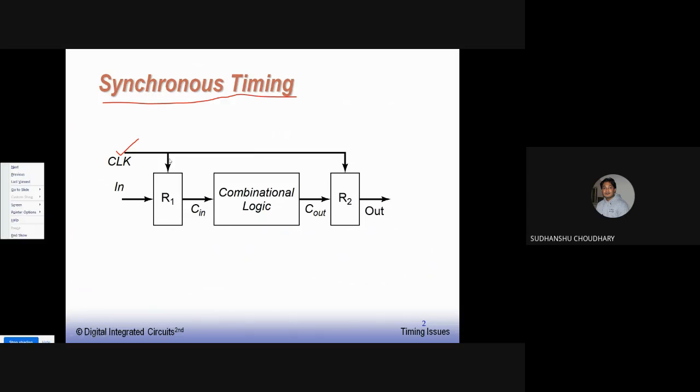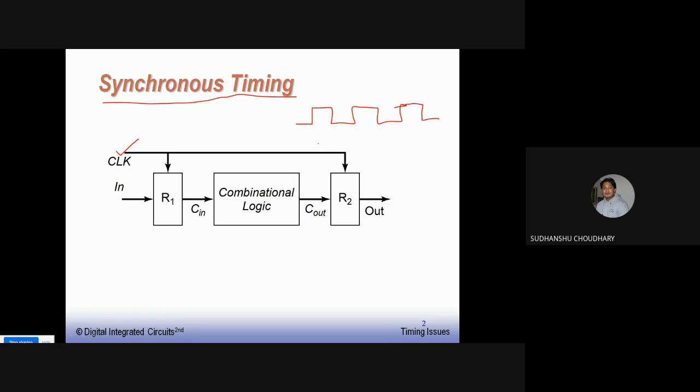For example, let us say there are two registers in this circuit, and we want the clock to arrive at the same instant. Let me draw the clock, and let us say both are positive edge triggered registers.